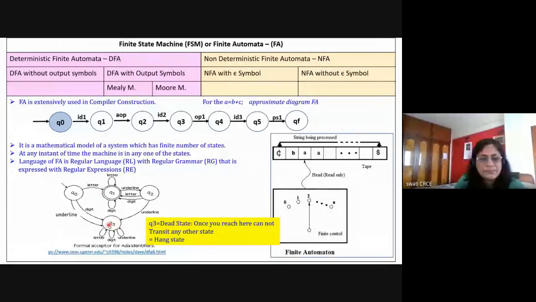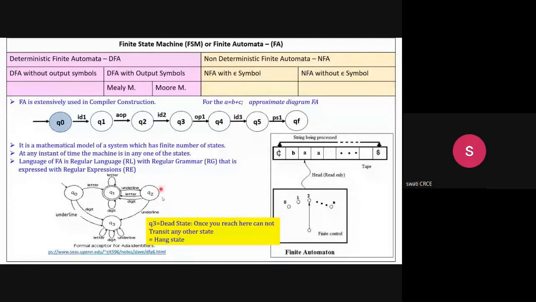It remains in the same state. With underline or with digit at the start, it goes to the dead state. If it starts with a letter, any number of letters and digits are allowed. With underscore, it goes to the next state. With a letter or digit, it goes back to the final state. We'll repeat this, but this is an example or application of a finite state machine.